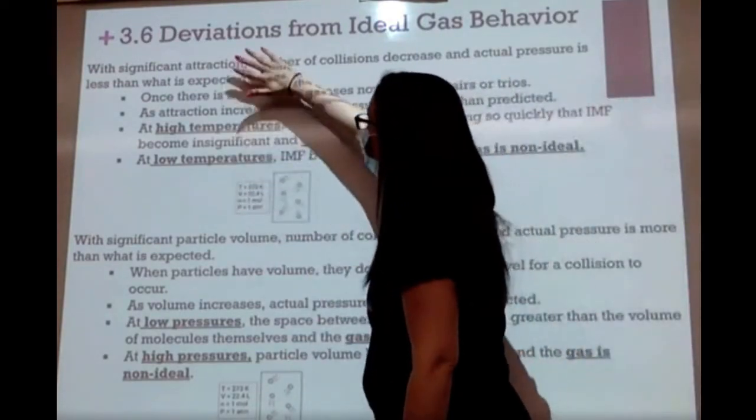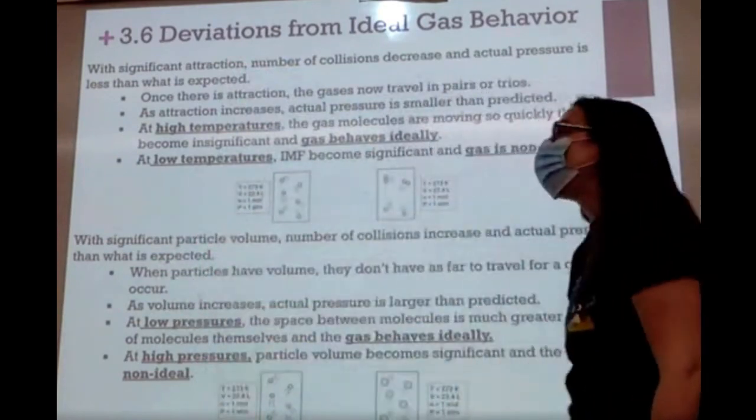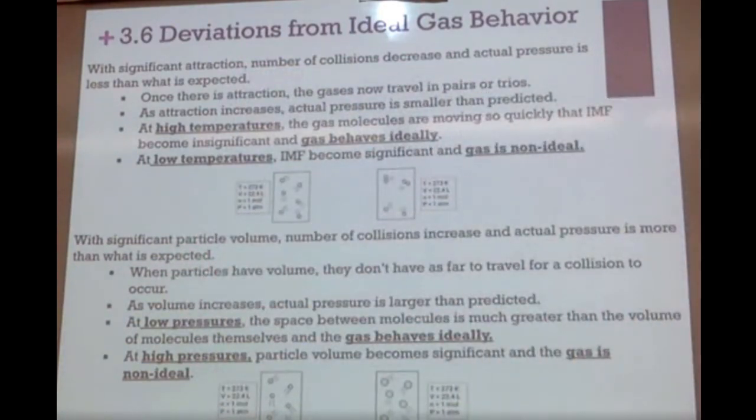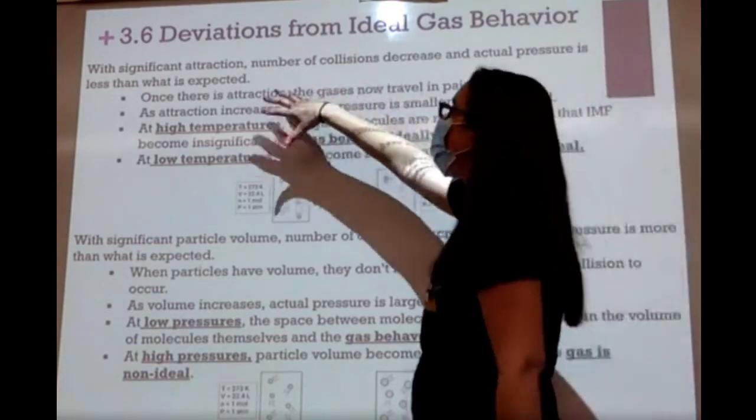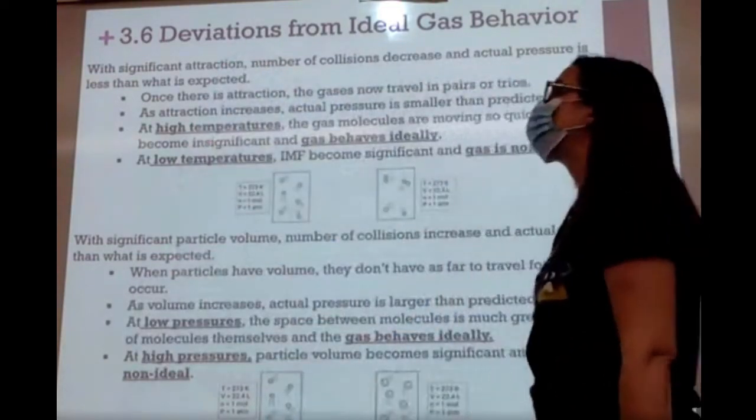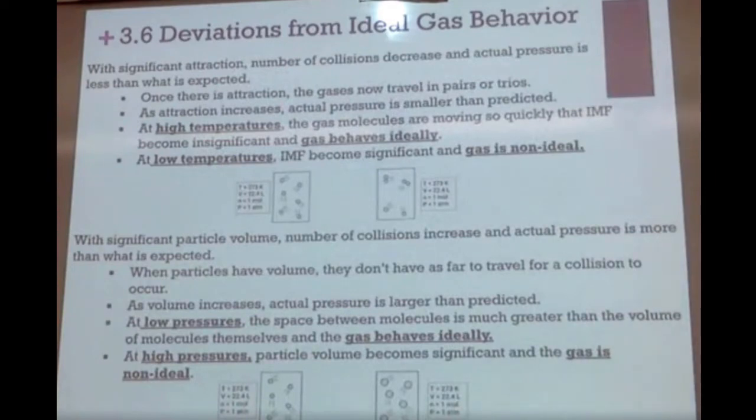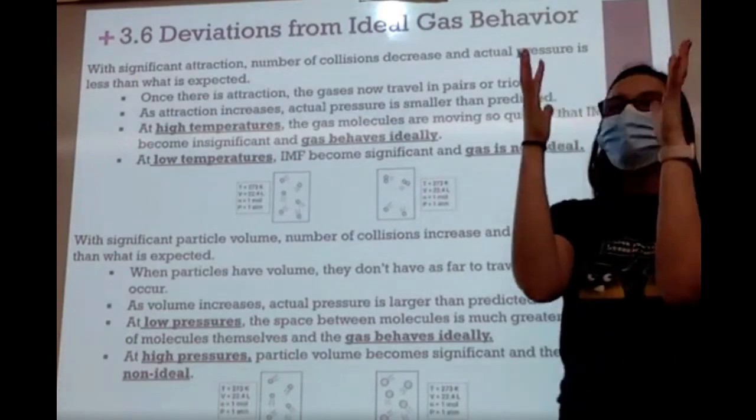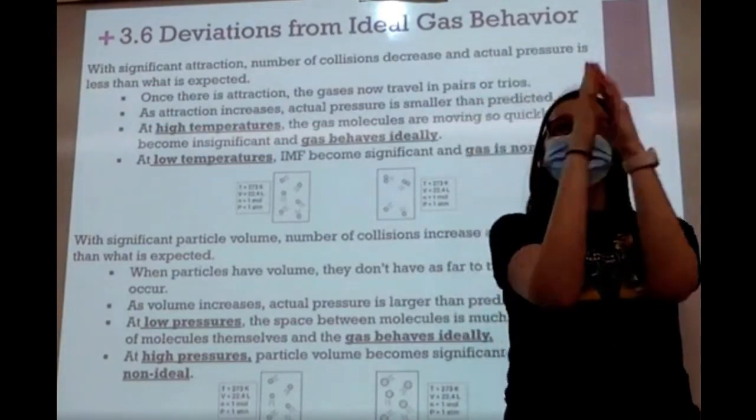So there are two things that happen to gases that go against the kinetic molecular theory. One of them is if gases actually have attraction to each other. When gases have attraction, there are fewer collisions. So when gases are attracted to each other, they kind of travel in pairs or in trios.